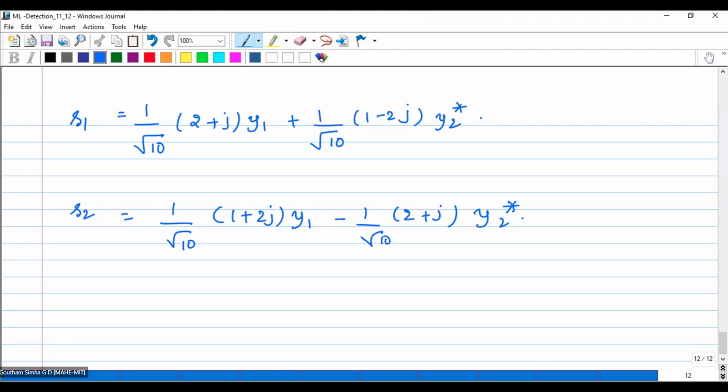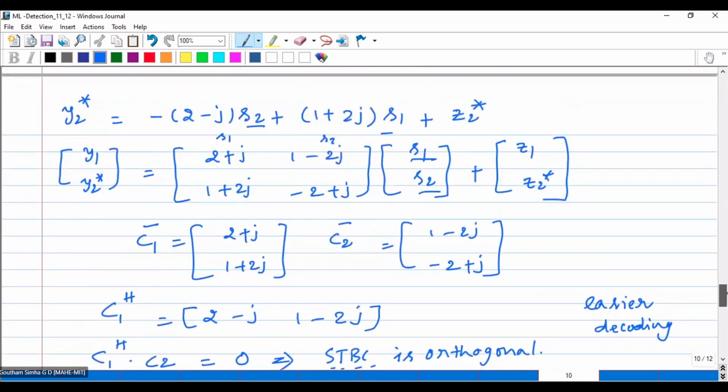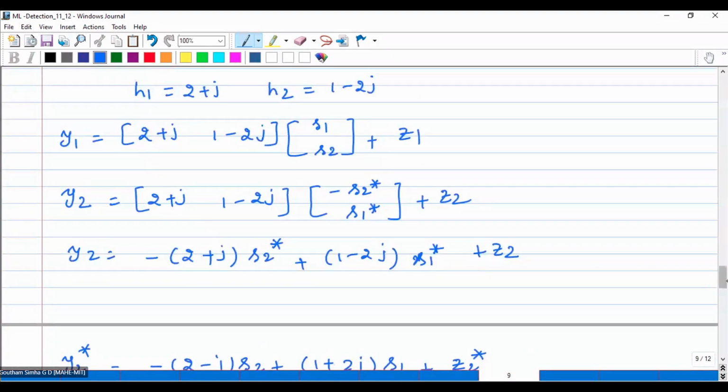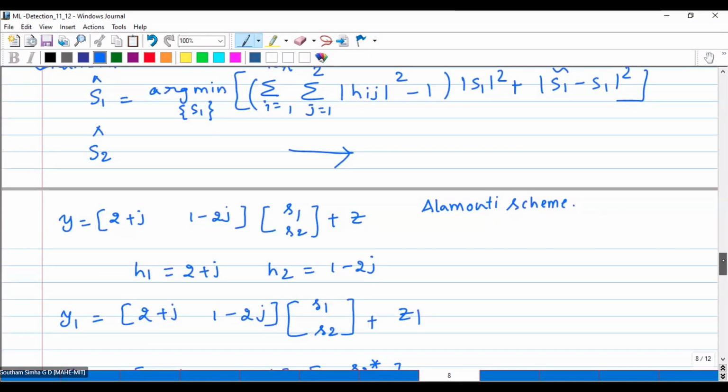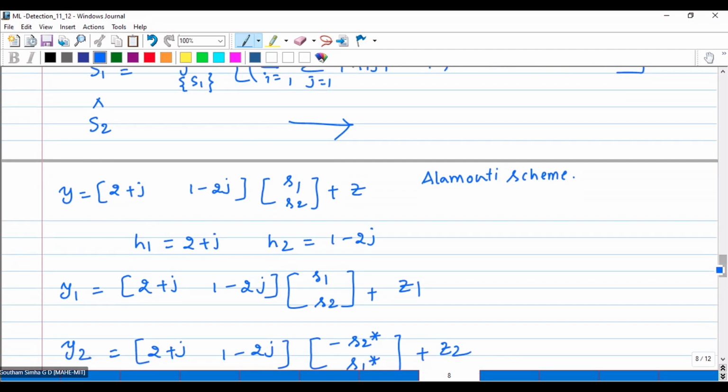That's all. Now, what does it mean? I have given some symbols or some 2 cross 2 elements. That is, my symbols are like 2 plus j and 1 minus 2j, s1, s2. And in order to find s2, what are all the difficulties we have faced? Now we have to understand what are all the channel gains and what are all the noise components of it. What happens if we multiply that, y is equal to hs plus n or hx plus n? What happens?